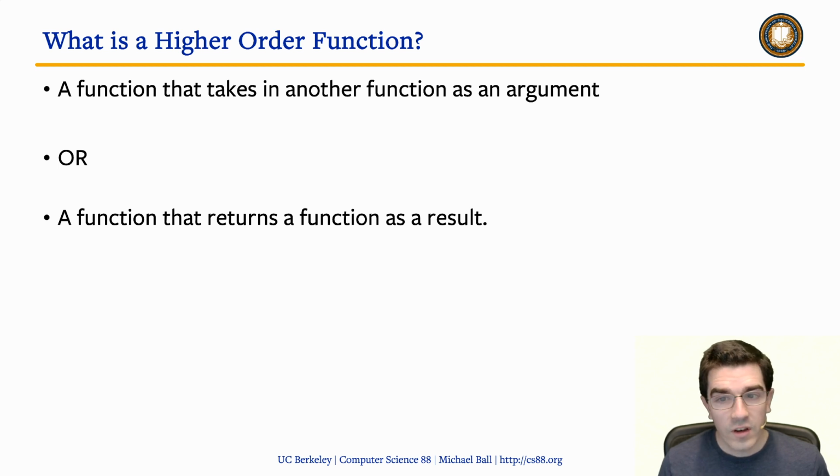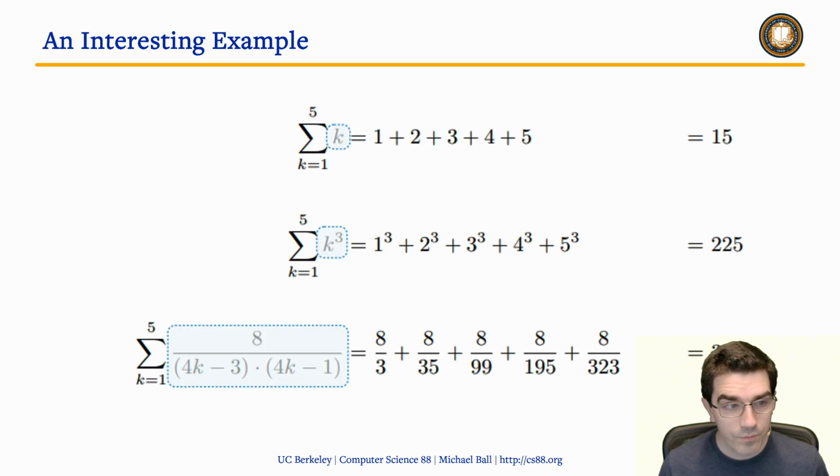And so functions that take in another function and call that function are a higher order function. And similarly, a function that returns a new function as a result of some computation is itself a kind of higher order function. And so these are the two types of things that we'll be looking at today. In later segments, we will revisit both of these with more complicated examples as well.